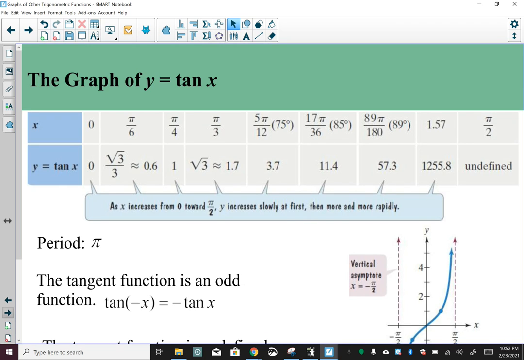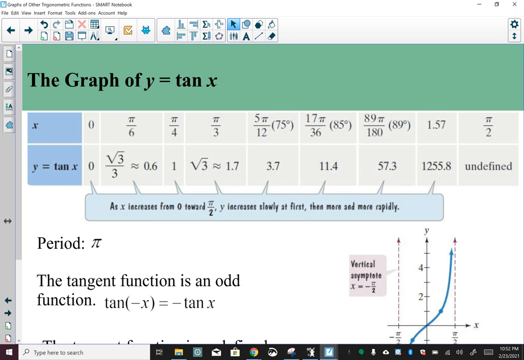On your unit circle, your tangent graph, if I have all these x values up here, these are your tangent points here. And you'll notice that it goes from 0 to pi over 2.